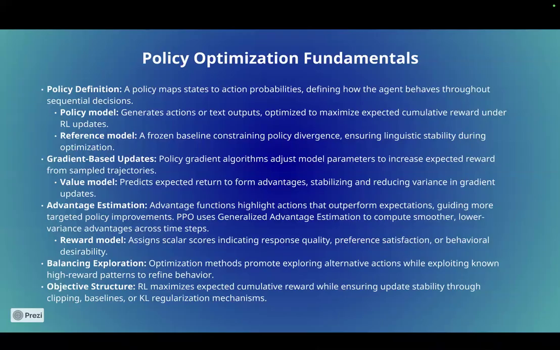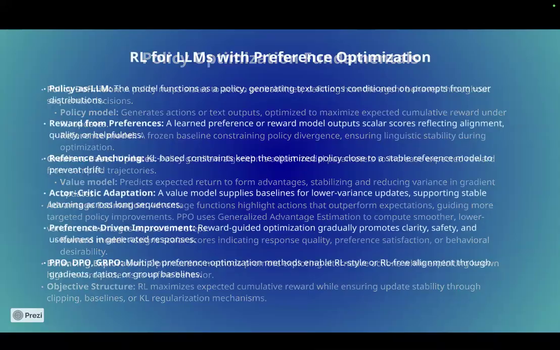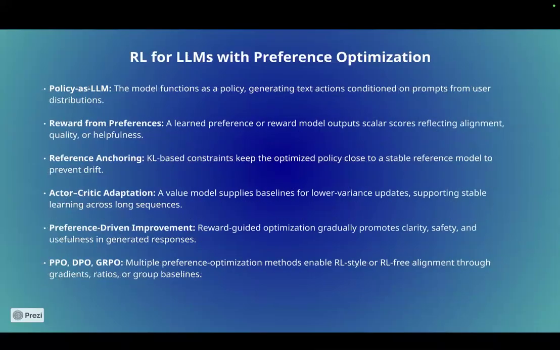But just to give you guys a top level idea, policy optimization has been in the field for quite a while. And then preference optimization, which is what has come up recently, is essentially a way to utilize some of these fundamentals that we discussed, the policy optimization fundamentals, and adapt it for LLMs, right?